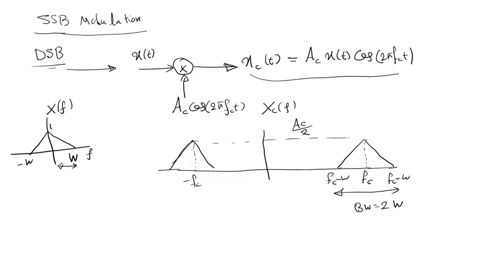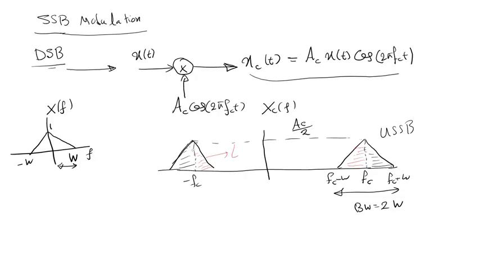What is the idea behind single sideband modulation? As you see, these two sidebands are symmetric, so I can use this sideband and this one. We call it USSB. Or I can only use this one and this one.